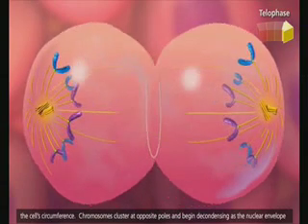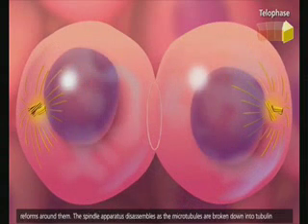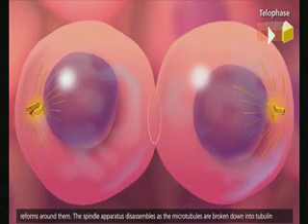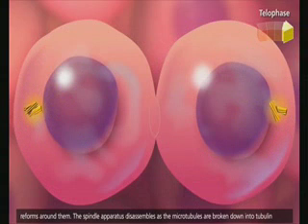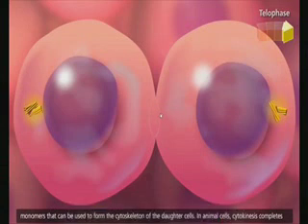Chromosomes cluster at opposite poles and begin decondensing as the nuclear envelope reforms around them. The spindle apparatus disassembles as the microtubules are broken down into tubular monomers that can be used to form the cytoskeleton of the daughter cells.